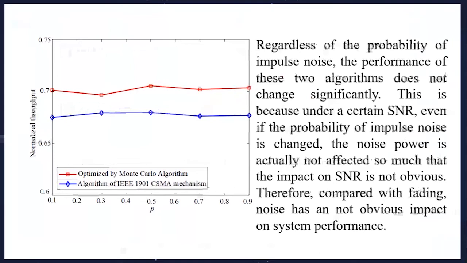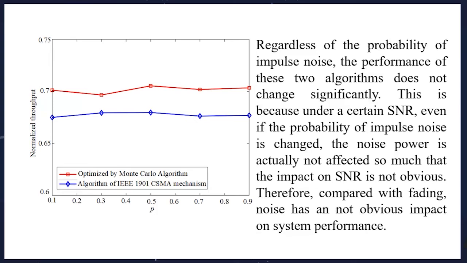This figure shows the performance result based on the CSMA protocol standard and the curve comparison chart of the throughput corresponding to the optimal contention window value under different impulse noise occurrence probabilities based on the Monte Carlo algorithm.